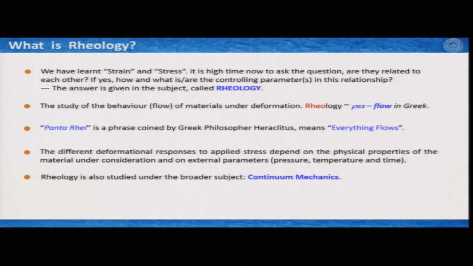Now this is the point that we should ask in the context of studying mechanics, or very particularly studying structural geology or deformation of rocks, whether these two terms, stress and strain, which are applicable to our subject very much, are related to each other or not. And if they are related, then how they are related and what are the controlling parameters in their relationships.